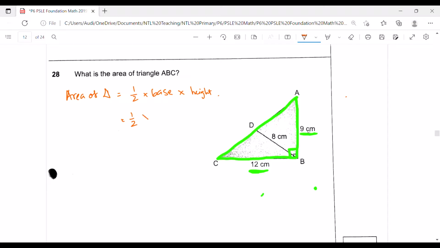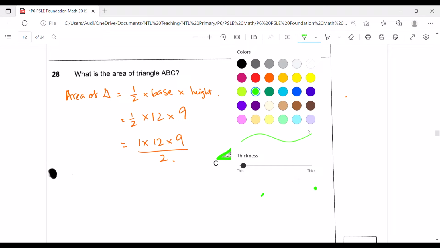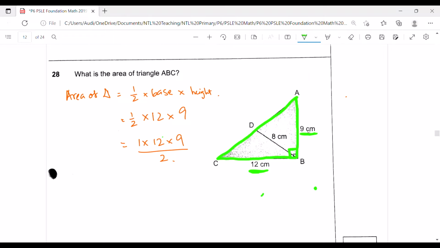Right, now all we have to do is put the numbers in. Half times base is 12, height is 9. Okay, now we will do it this way. Divide by 2. Okay, before we multiply things out, we can simplify. So if you look, 12 can be divided by 2, right? So we divide by 2 at the bottom. So 12 divided by 2, and we'll only take one number, okay?